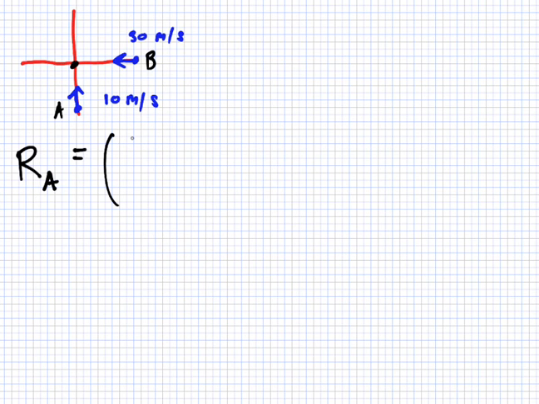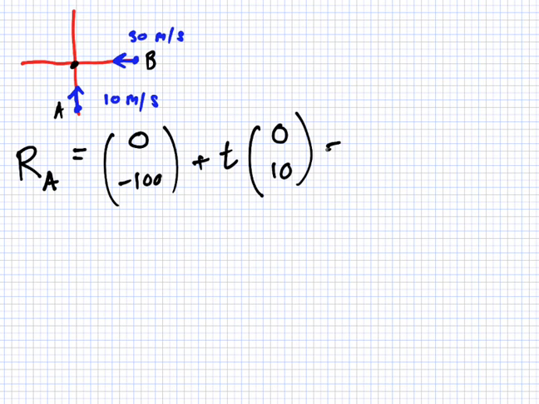So that is (0, -100). And then we do plus t times its direction, and it's heading 10 meters per second north, so that would be (0, 10). So if you put that all together, you get (0, -100) + t(0, 10).